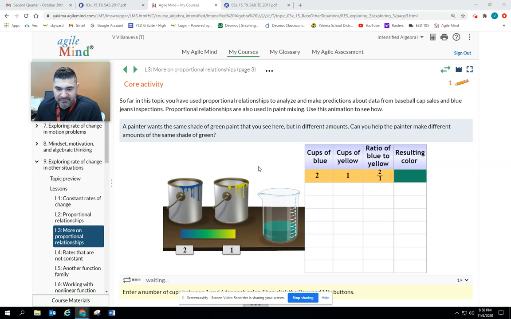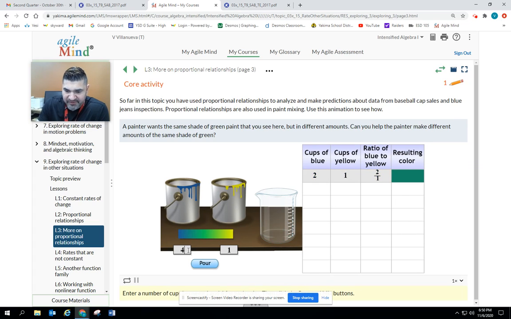So we know that we need to use blue paint and yellow paint to make green. And it looks like they're using a 2-to-1 ratio here. Okay, so in order to get this same shade of green, I'm going to have to use the same proportion. So if I type in, let's double the blue paint. So if we have 4, how much yellow would I have to mix in?